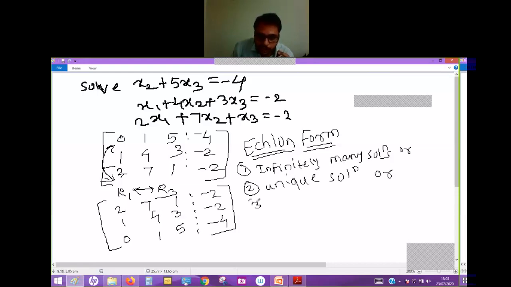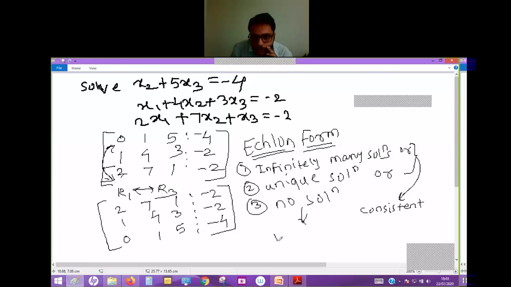And the third one is that it has no solution. In the first two cases, the system is called consistent. And if there is no solution, then it is called inconsistent. Are you getting these points?